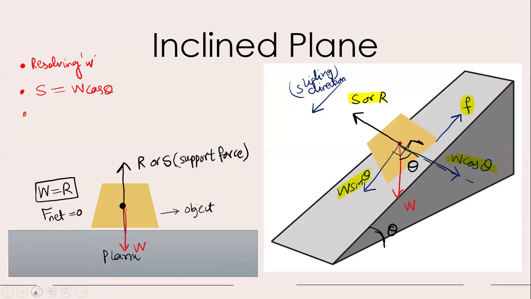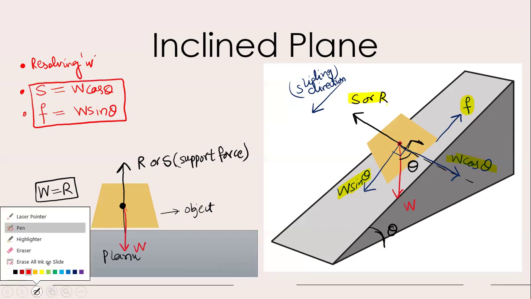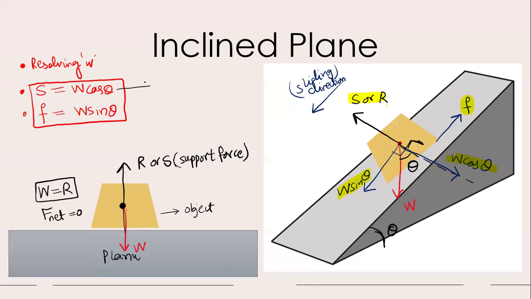It means that we can easily say that the friction upward the slope is equal to the component of weight down the slope. As these are equal, we say that this object on the inclined surface is in equilibrium. So these are the vertical components of the forces, and these are, let's say, the horizontal components.